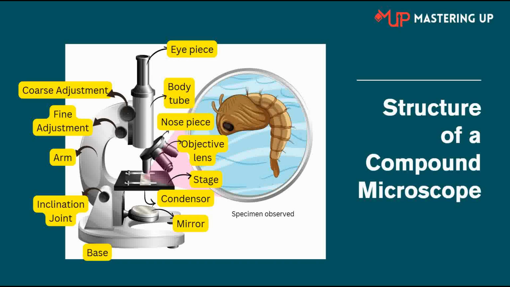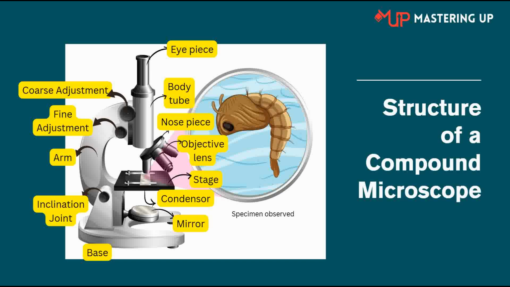As you can see, a coarse adjustment can move the body tube to adjust the distance between the objective lens and the object. And then you can see a fine adjustment knob. It moves the body tube up and down slowly to make exact focusing. And then you can see an arm.